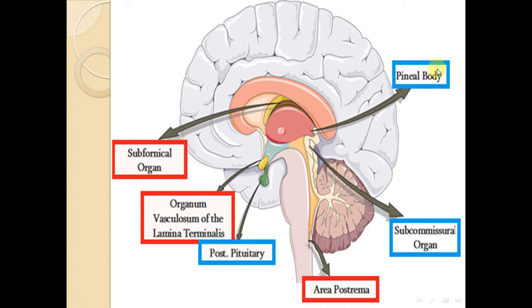Especially the pineal body and the posterior pituitary gland, these are endocrine glands, so they need direct access to the bloodstream in order to secrete their hormones directly into the circulatory system.